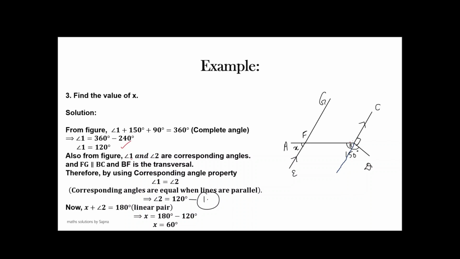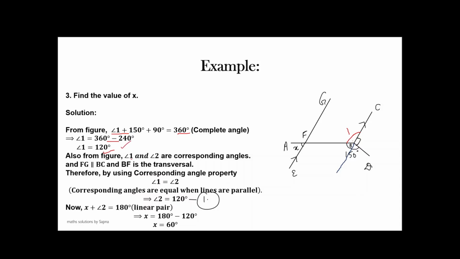I'm assuming this angle to be angle 1 and using the complete angle property. From the figure, angle 1 plus 150 degrees plus 90 degrees equals 360 degrees, complete angle. So if I solve this equation, angle 1 would be equal to 360 minus 240. Therefore, angle 1 is 120 degrees.